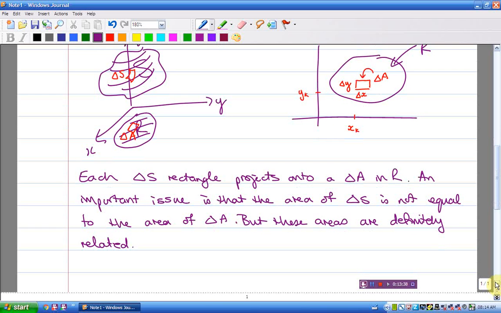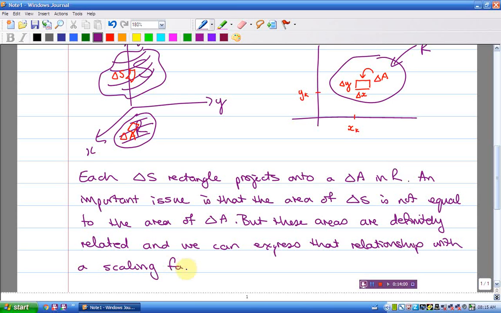These areas are definitely related, and we can express that relationship with what you could call a scaling factor, or perhaps a conversion factor.